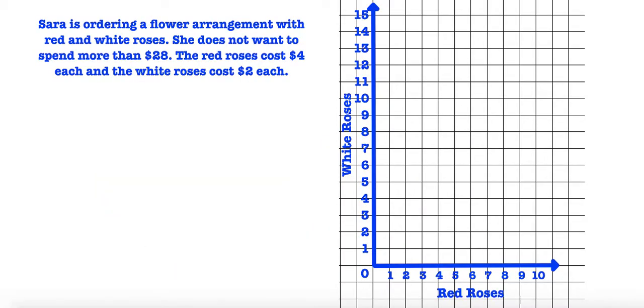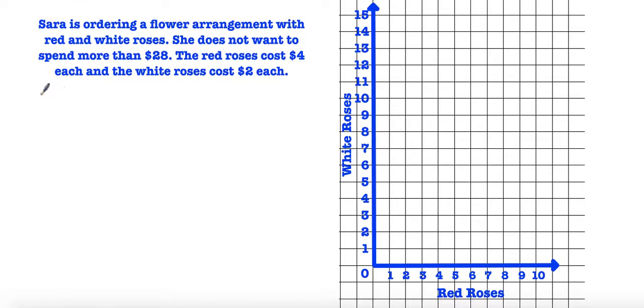So here we have our first word problem. Sarah is ordering a flower arrangement with red and white roses. She does not want to spend more than $28. The red roses cost $4 each, and the white roses cost $2 each. So just like I made this coordinate, red roses is going to be our x, and white roses is going to be our y.